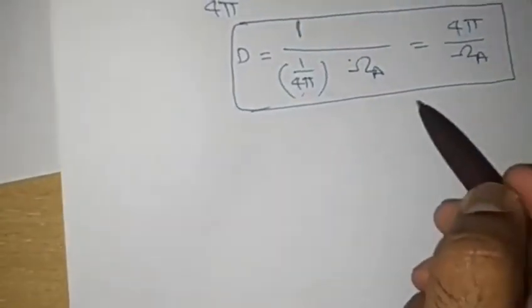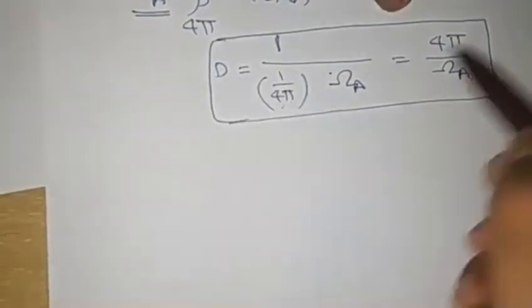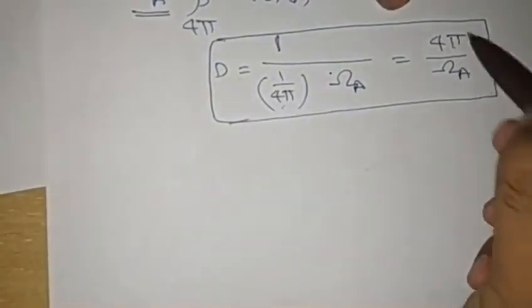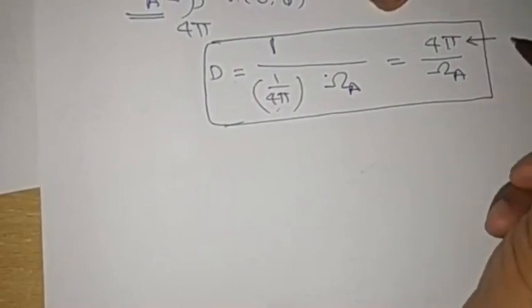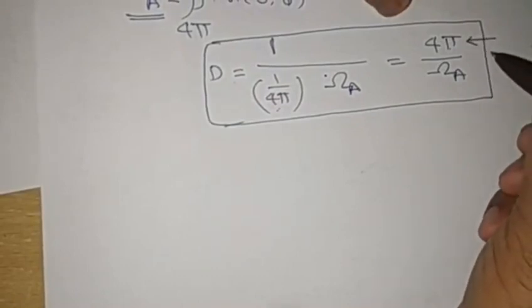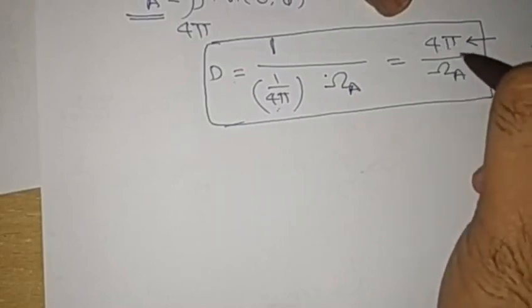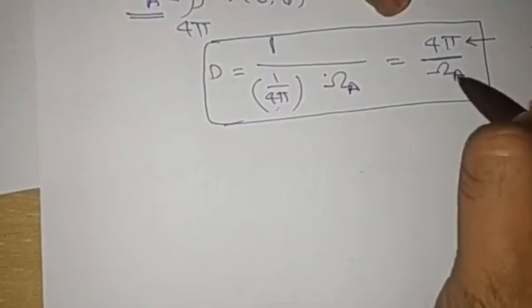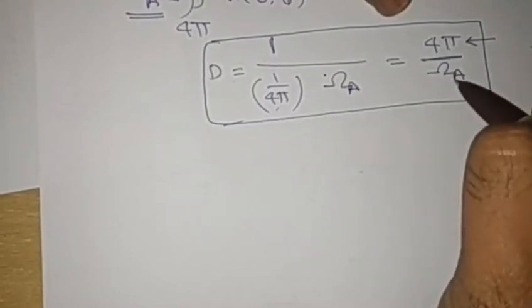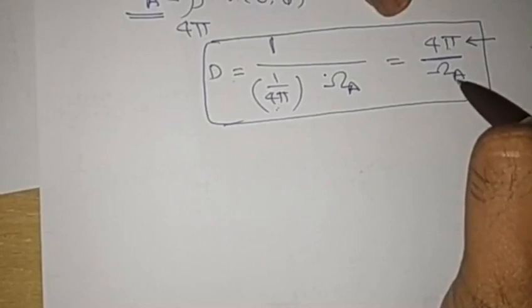You can see here the directivity is defined as the ratio of two beam areas. Now you may wonder why this 4 pi is beam area. If you remember from the previous lecture, 4 pi is the beam area subtended by a sphere, divided by omega a, which is the beam area subtended by any practical antenna.